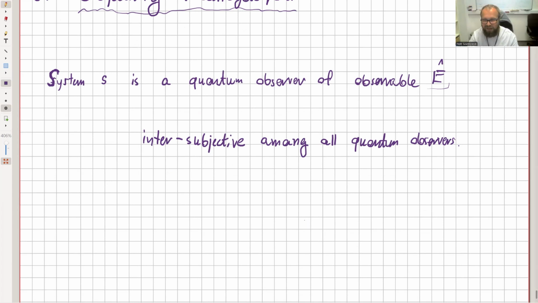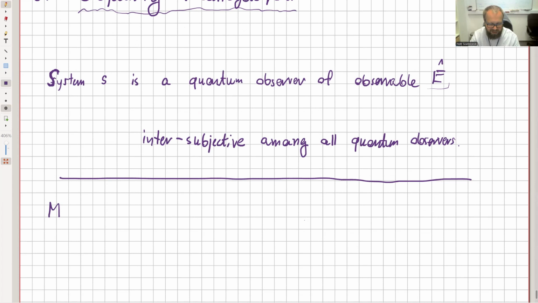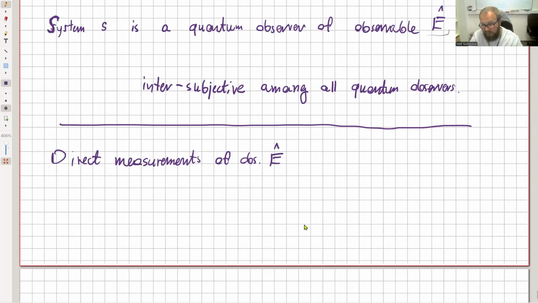Direct measurements of observable capital E, the one which we imagine has the valid surrogate field representation.